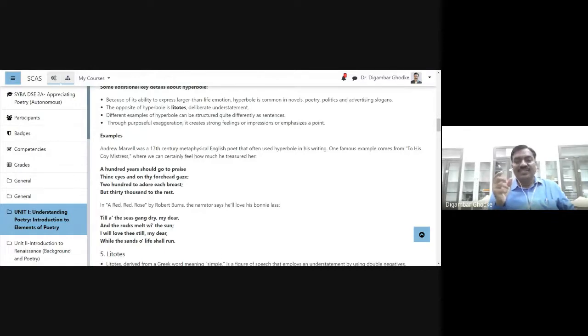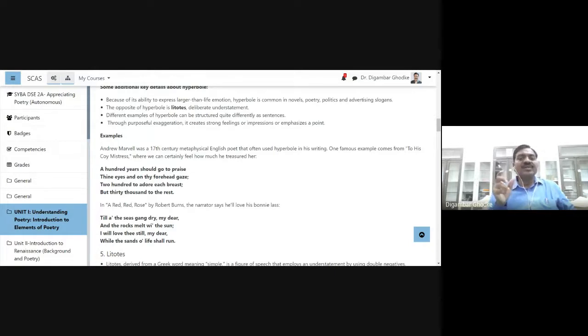Now we shall see some examples from the poems of famous English poets. So the first example is taken from the 17th century metaphysical poet Andrew Marvell. These metaphysical poets like Andrew Marvell, John Donne, etc., often use hyperbole in their writing.